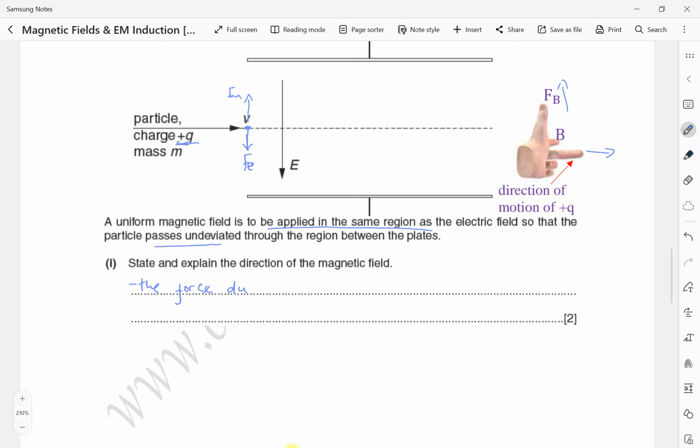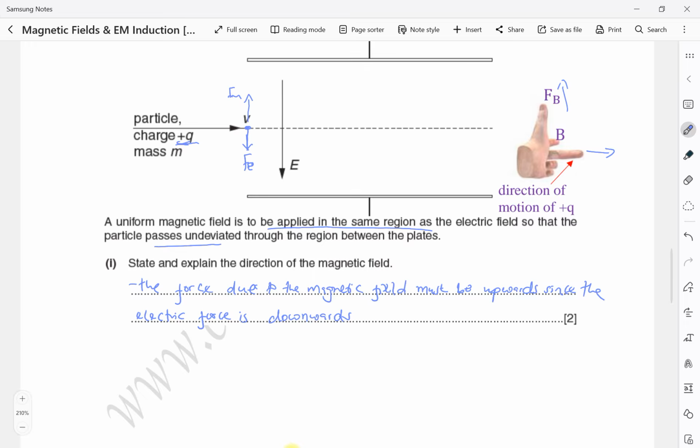The force due to the magnetic field must be upwards, since the electric force is downwards.